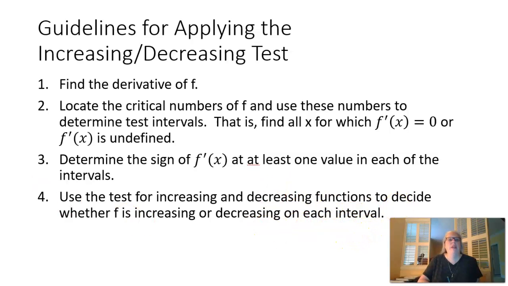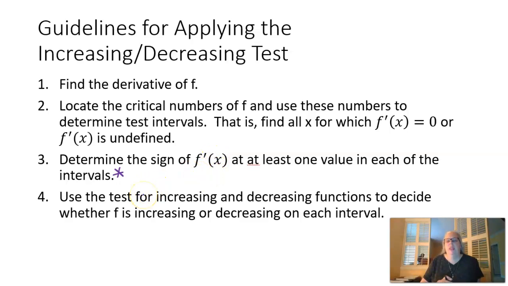So what's going to happen is, once we get here to step 3, we're going to pick at least one number from every interval that is created by these particular critical points, or critical numbers. And we're going to test one number from each interval into the first derivative there.